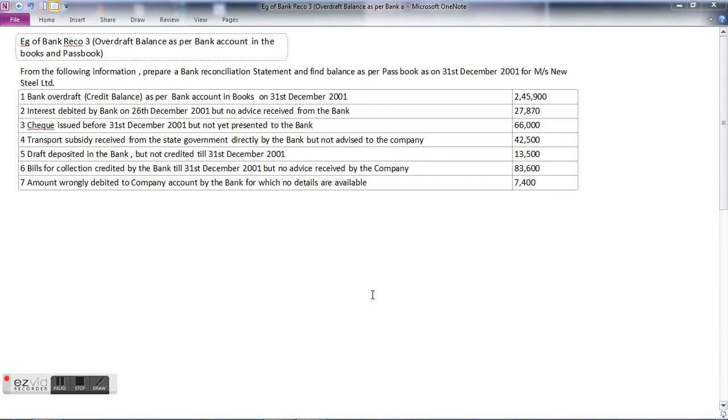So in an overdraft we get some loan. For example, say we get a loan of rupees 2 lakh, and suppose we have a balance of 10,000 in our bank account. So the total balance in the bank account will be 2,10,000.